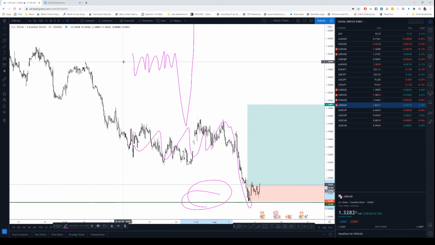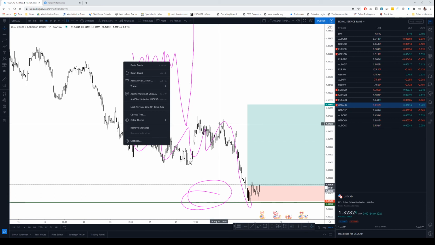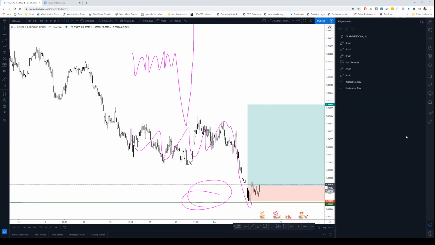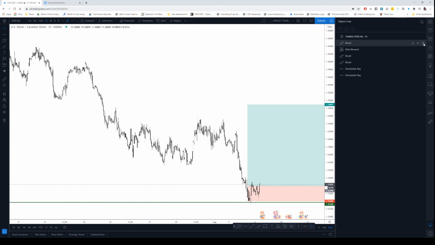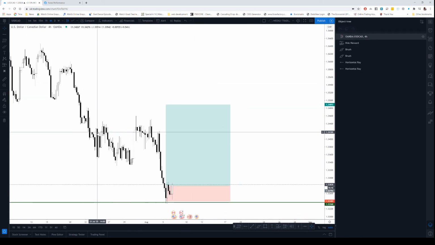If I remove all that and go into the 4 hour, you can see it properly. What did I tell you about consolidation and consecutive down candles without an up candle? Manipulation, right?